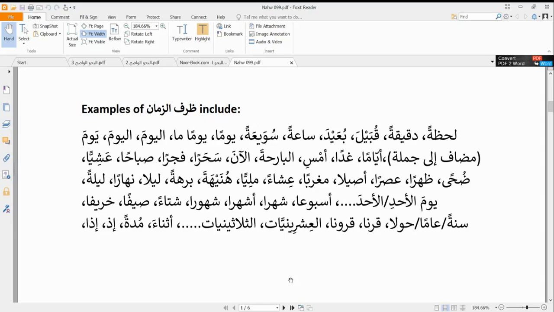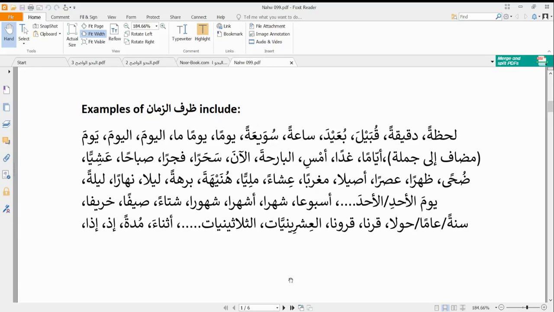Duhan, the mid-morning, after the time between sunrise and noon. Zuhran, which is noon. 'Asran, afternoon. Asilan means late afternoon, the time between Asr and Maghrib. Maghriban, the evening, the sunset.